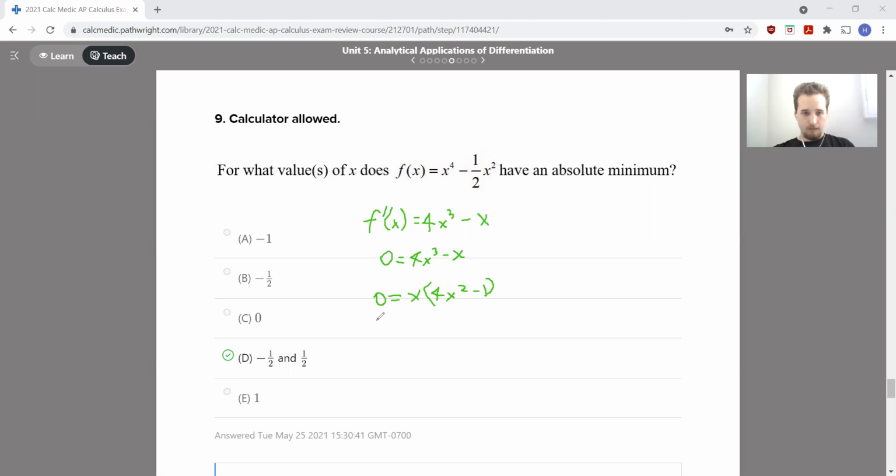Okay, well, so we know one of the roots is x equals 0. But we can do a bit better. We can factor 4x squared minus 1. So x squared minus 1, you might remember from algebra, is x minus 1 times x plus 1. So 4x squared minus 1 is just 2x minus 1 times 2x plus 1.